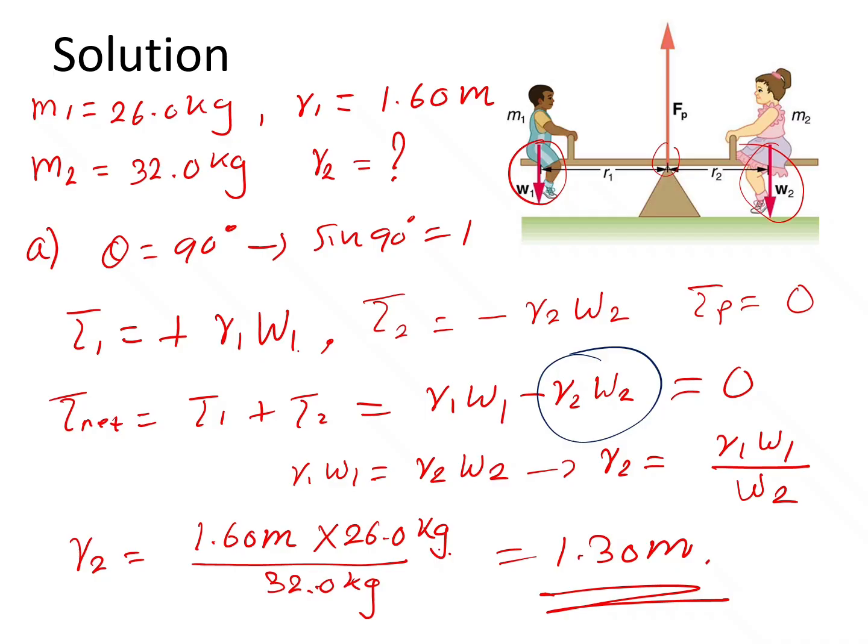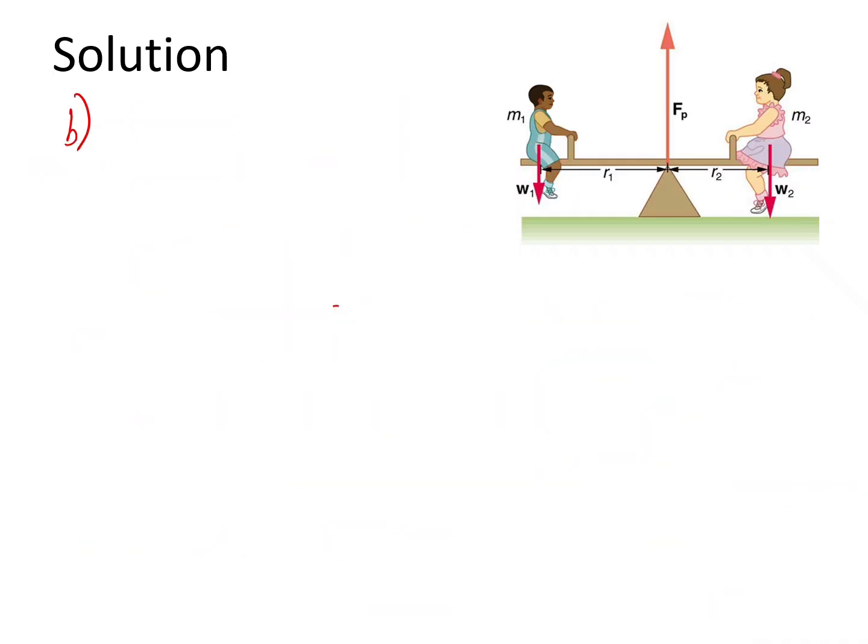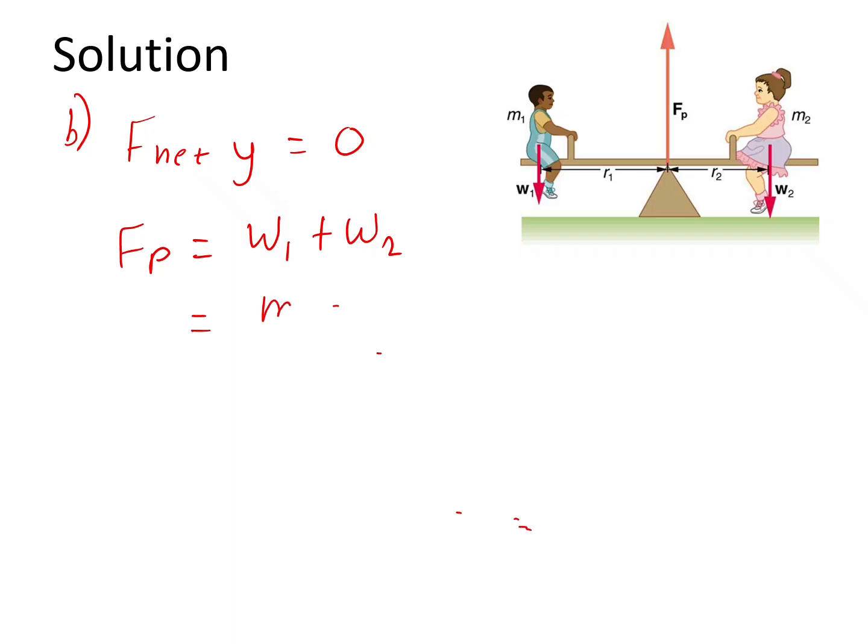For part B, we use the vertical force equilibrium. The seesaw is not accelerating upward or downward, so the upward pivot force must balance the total downward weight of both children. The net force in the y direction has to be 0, so the pivot point force has to equal W1 plus W2, and this is M1 plus M2 times g.